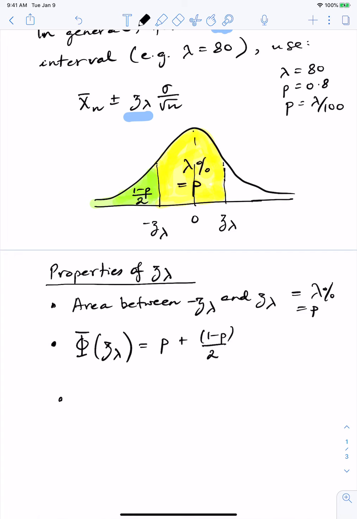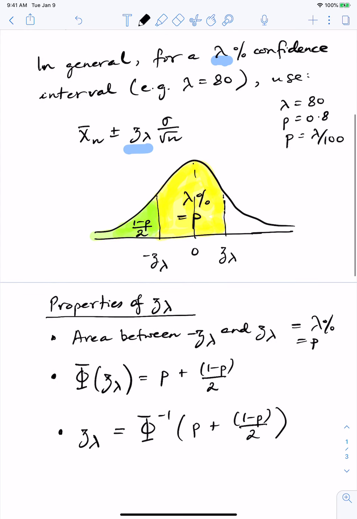And therefore, a completely formal statement is that this z lambda is phi inverse of a little bit more than p. It's p plus tail. So you can find the number of SDs you want to go on either side, and so you can construct your confidence interval.